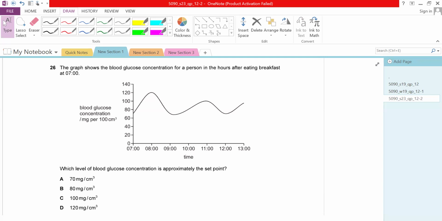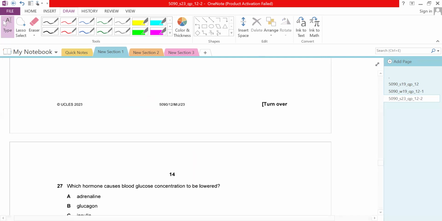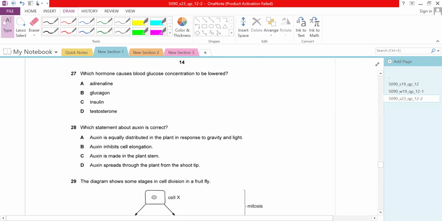So according to the graph, the set point is 100 milligram. Question number 27. Which hormone causes blood glucose concentration to be lower? You know that the hormone that lowers blood sugar concentration is insulin.